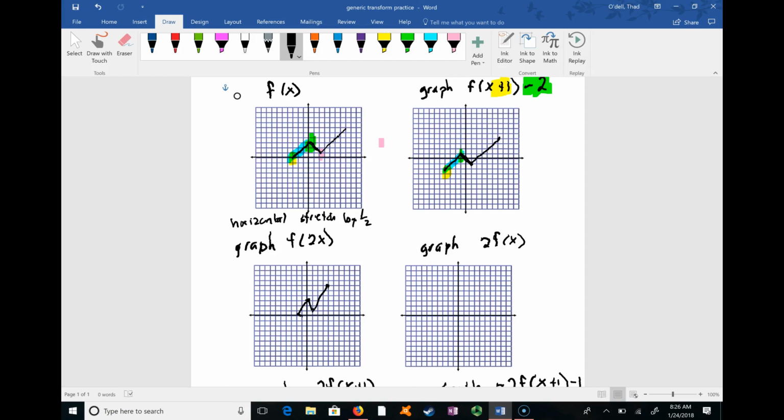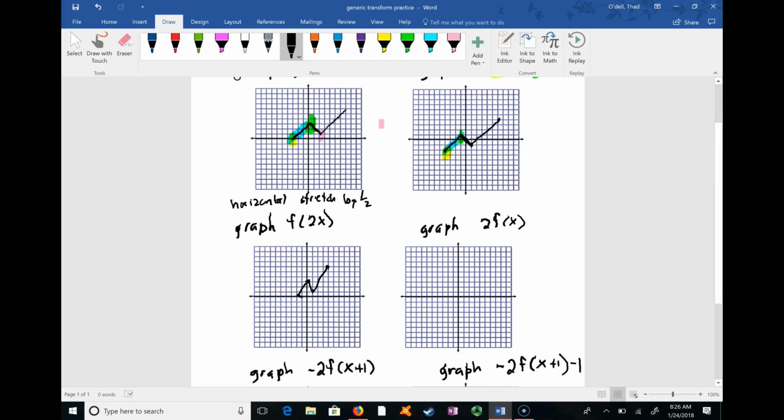We go to the next one here, the third one. This has got a 2 on the outside, which means it's a vertical stretch by a factor of 2, because on the outside the factor in the equation and the stretch factor are going to be exactly the same.